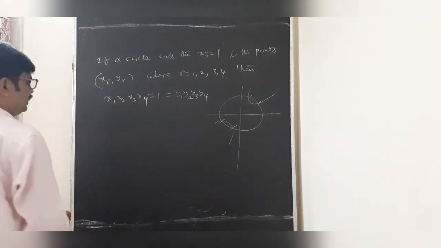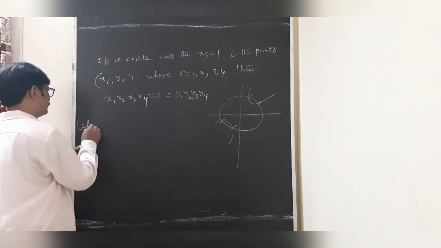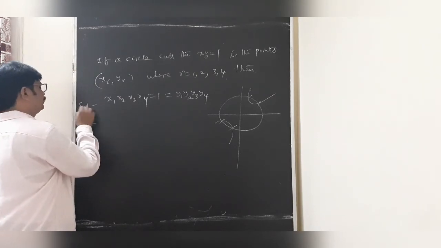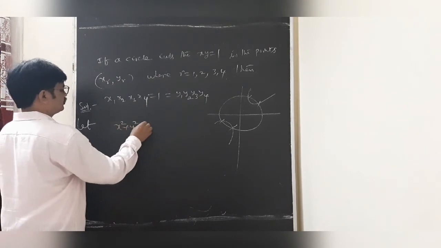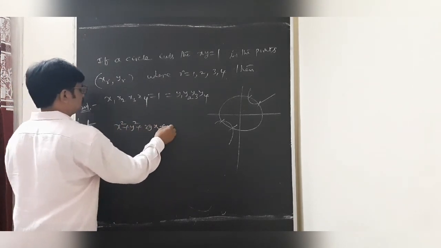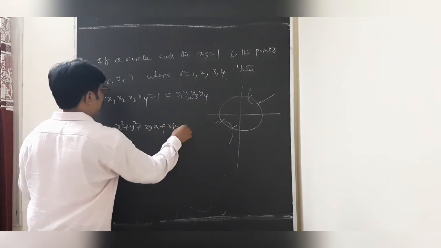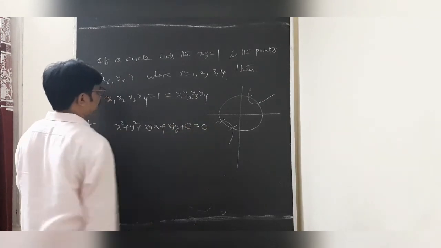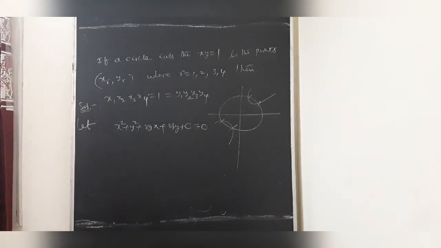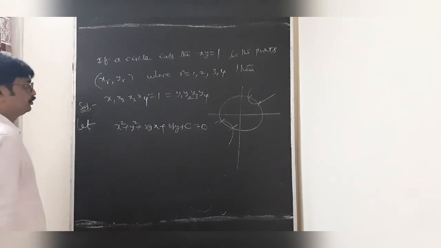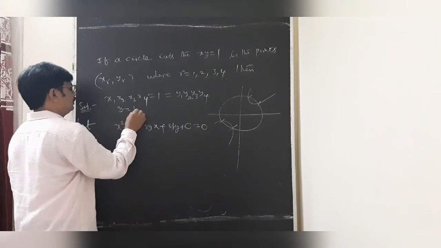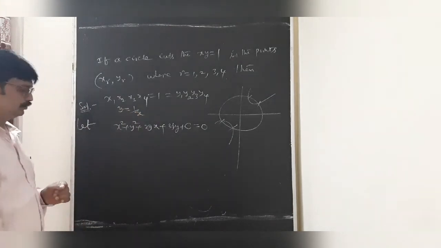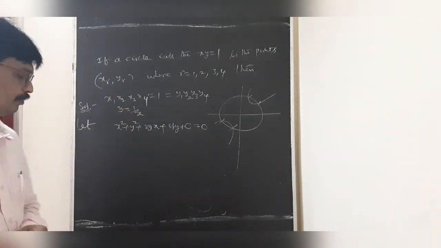So let the circle be any circle: x square plus y square plus 2gx plus 2fy plus c equal to 0. Now xy equal to 1, therefore y equal to 1 by x.